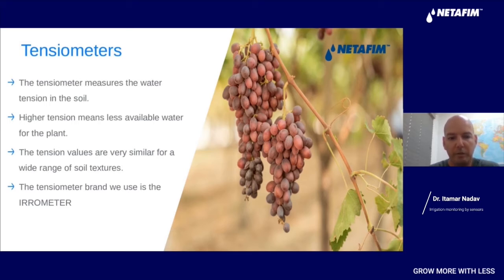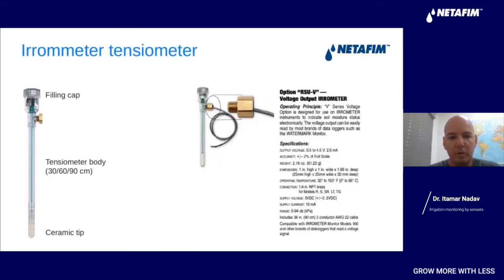And here in Netafim, we are using the Irrometer tensiometers, which are very good tensiometers. They are very robust and very easy to install. The tensiometer is actually a hollow body with different lengths between 30 and 90 centimeters, with a ceramic tip at the end and a filling cap at the top.